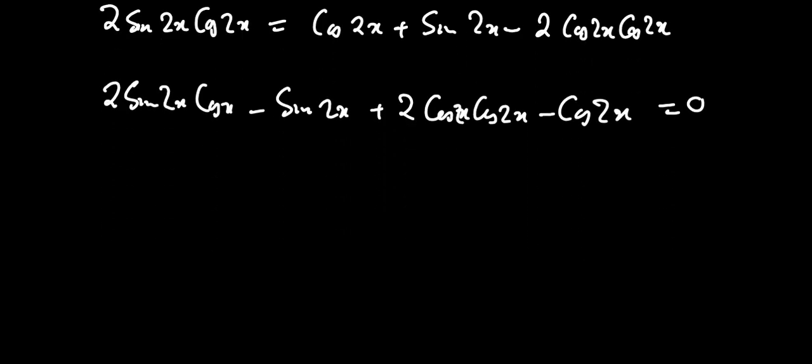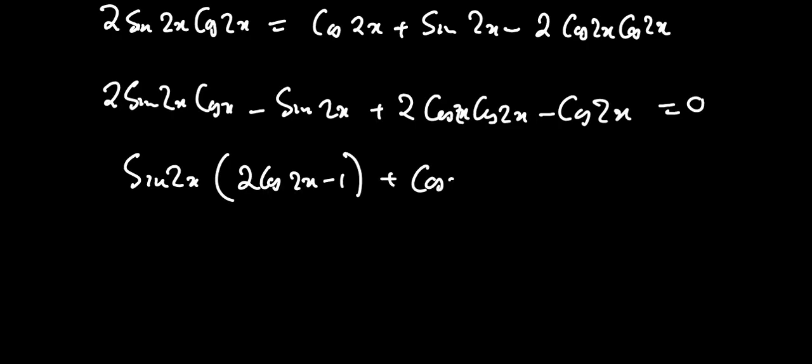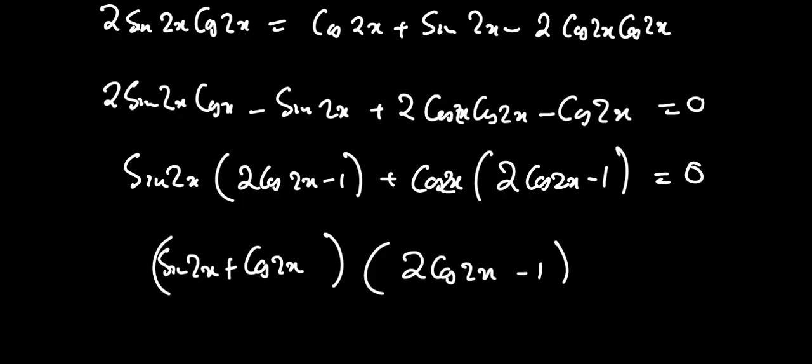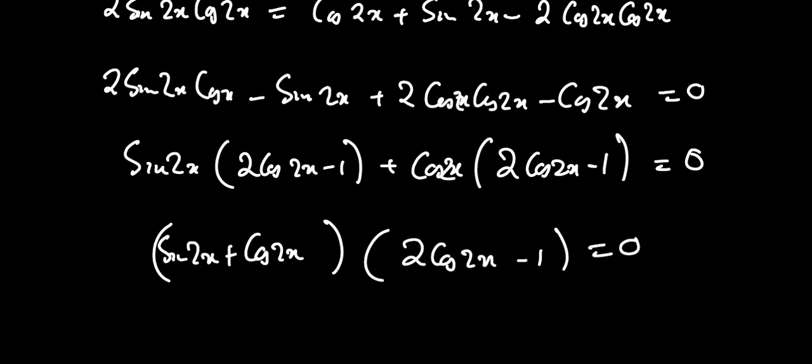So here, if we try to factorize what's common, this is sin 2x. This will be 2 cos 2x minus 1. What's common here is cos 2x. This will be 2 cos 2x minus 1 is equal to 0. This will be sin 2x plus cos 2x, and we're having 2 cos 2x minus 1 is equal to 0.